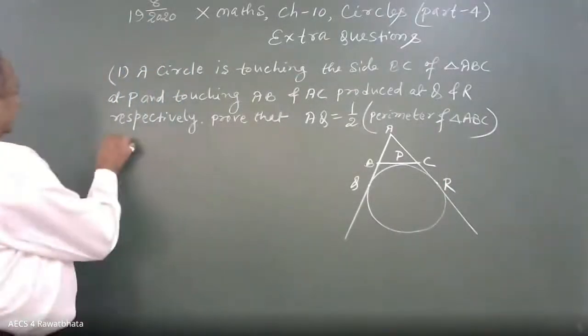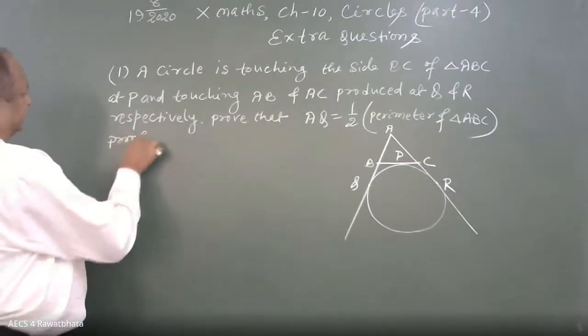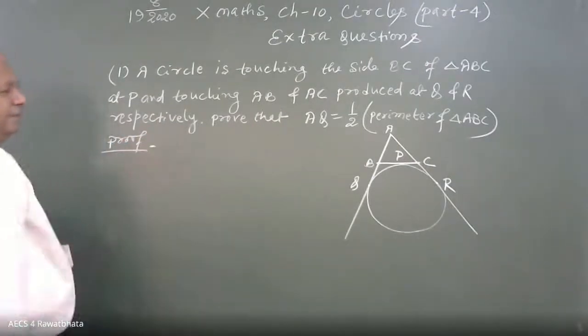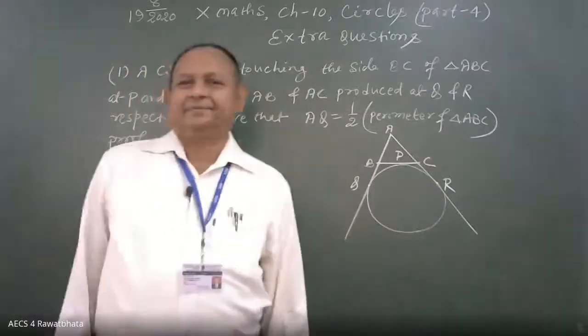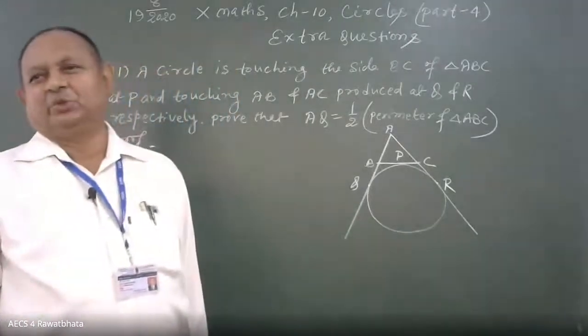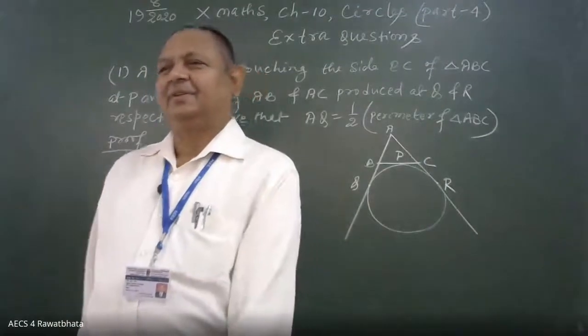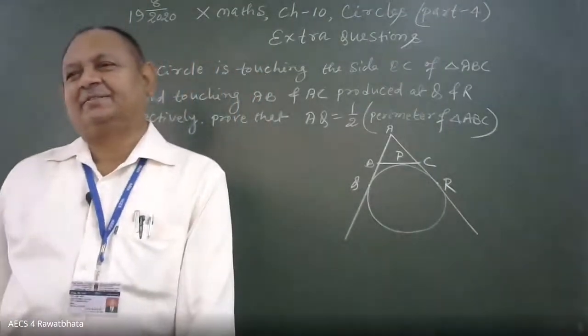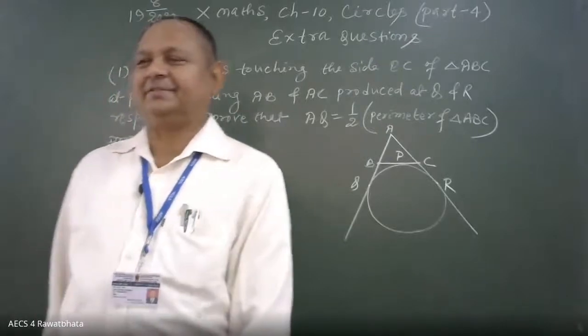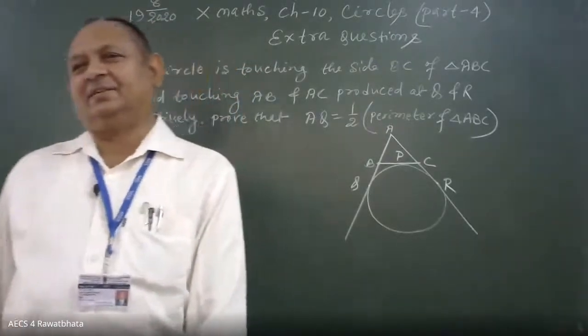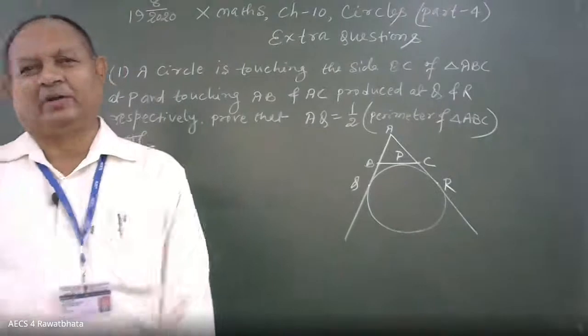So proof. Recall theorem 10.2: the lengths of two tangents drawn from a point outside the circle are equal.